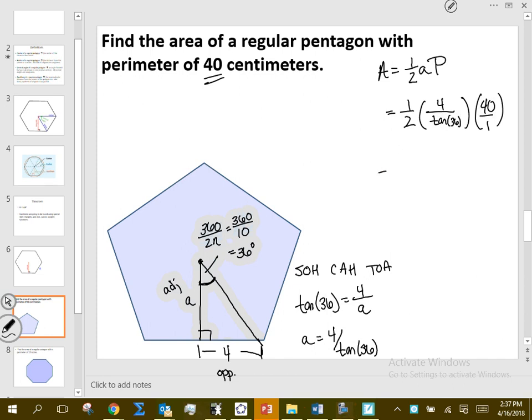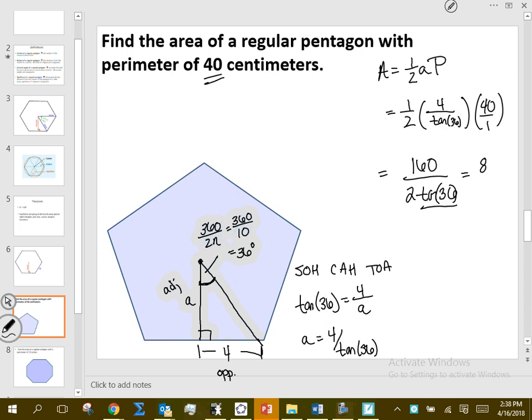Okay. So now I start multiplying. Numerators, 1, 4, and 40 gives me 160. 2 times tangent of 36 times 1 just gives me 2 tangent of 36. Okay. Remember, tangent of 36 is just a number. So we can actually take the 160 divided by the 2.